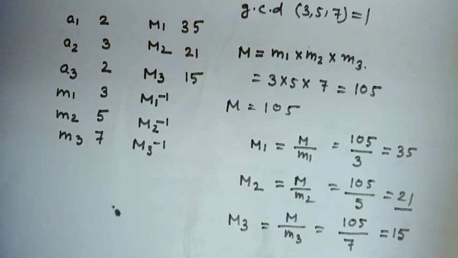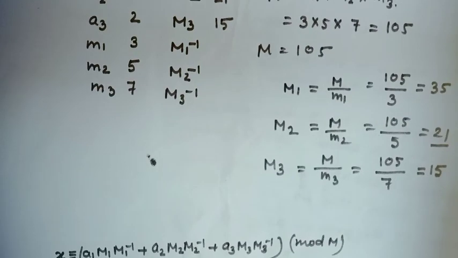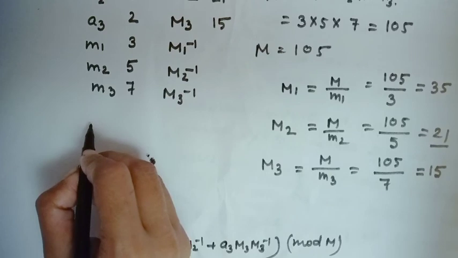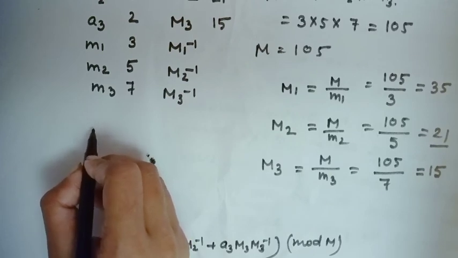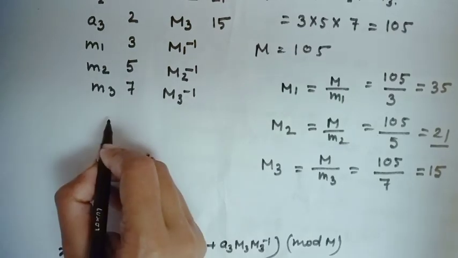Now we have to find the inverses of M1, M2, M3. We all know what the inverse is; I have discussed it at first.